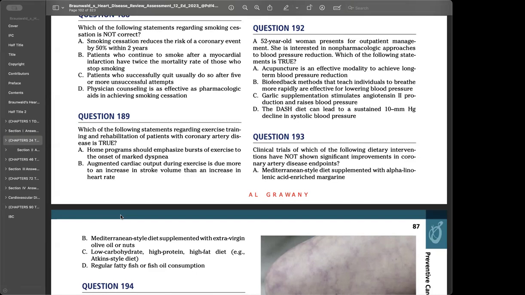This is also a false statement because for rehabilitation, exercise should be graded and not done in bursts. So that is also a false statement. So the true option is D. The true statement is option D.